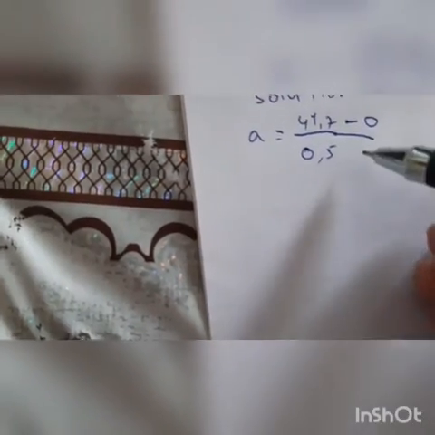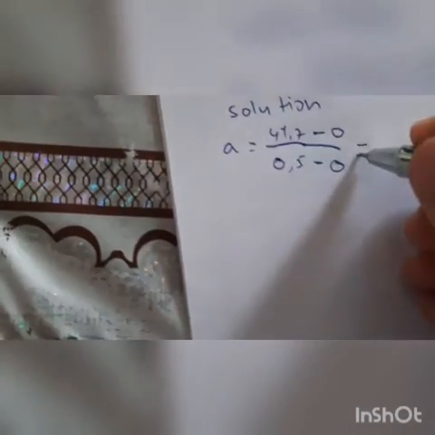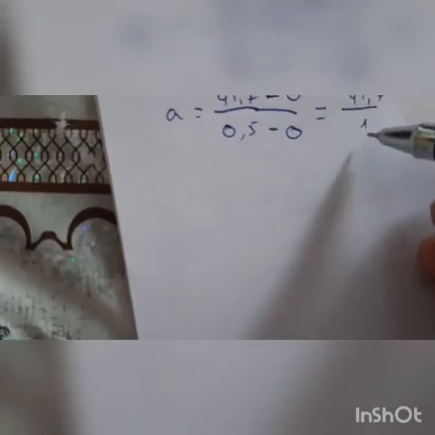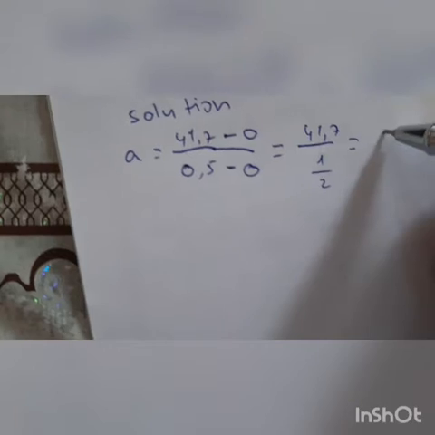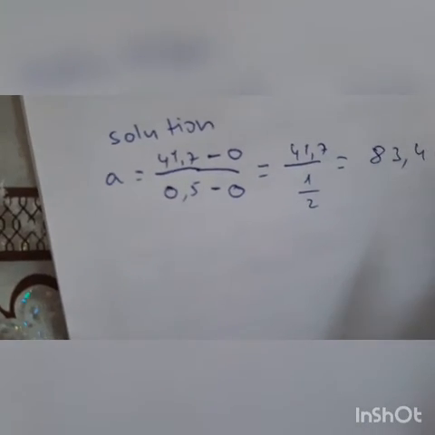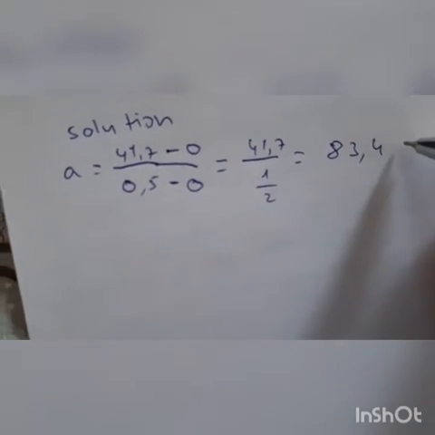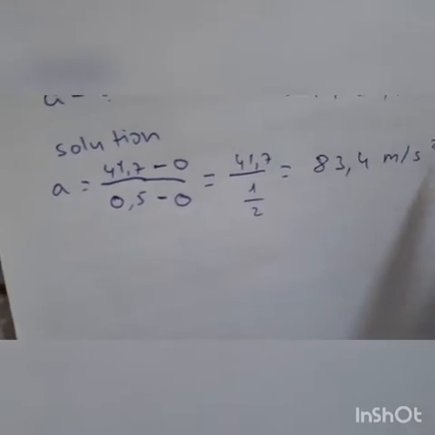And final time is 0.5 minus initial time. It's also 0 because it's also not given. And we solve this, and it's 83 meter per second squared.